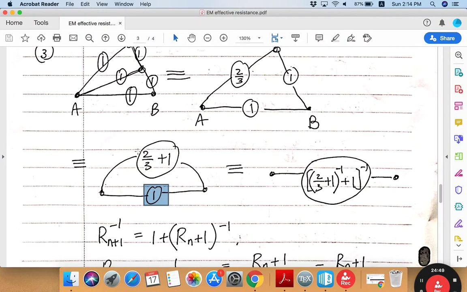Since you only have 2 resistors in parallel connection, it's easy to work out the overall resistance of the two parallel resistors. And that's just this number.